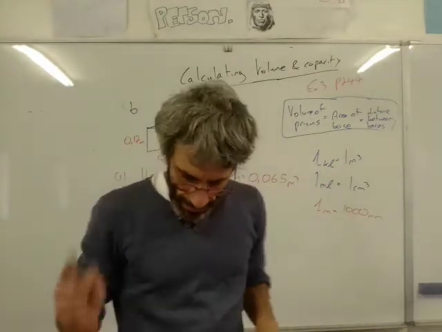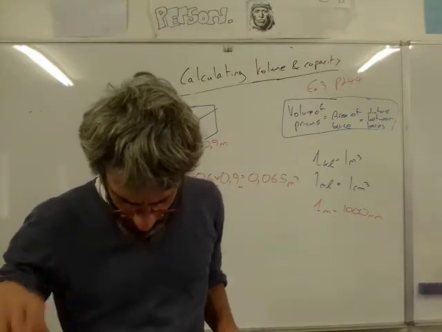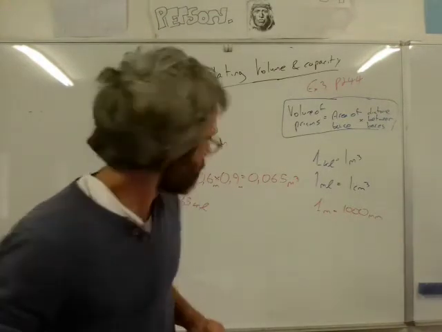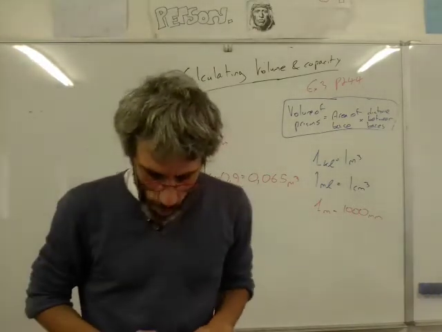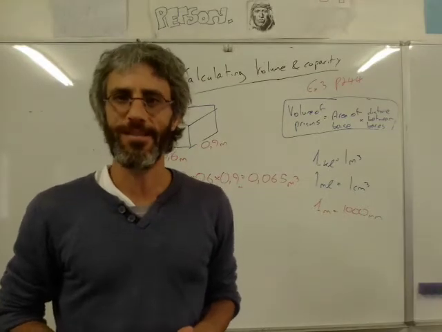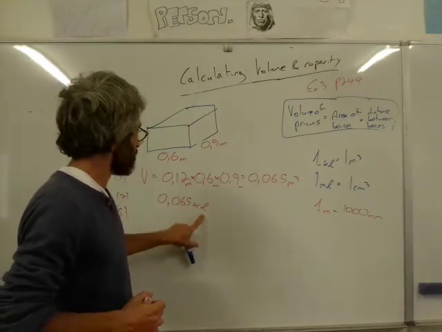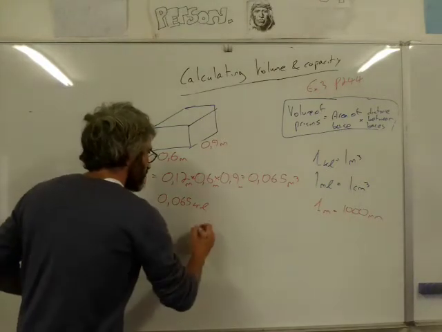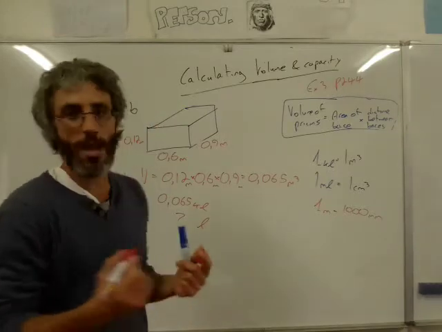Next thing they ask me, I'm going to actually skip a little bit, and I'll do 5 first. In 5, they ask me, what is the capacity in liters? So I know the capacity in kiloliter is 0.065. The question now is, how many liters is that? Now here you should be able to know how to do it.